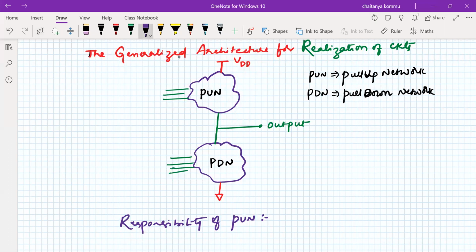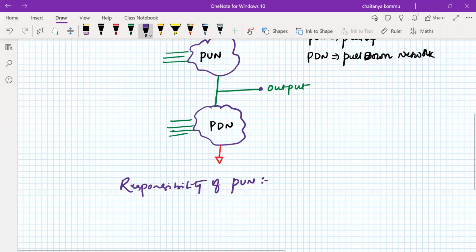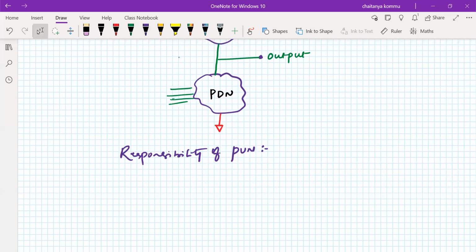This network always connects the output signal towards the VDD side. The network is responsible for pulling the output towards the high supply, VDD.